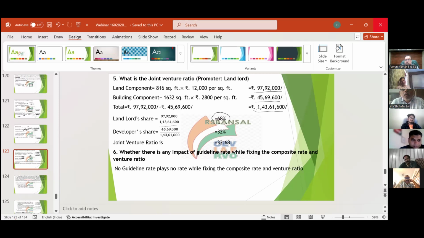It means the developer's share will be 32%. So we write the joint venture ratio as 32 is to 68. The developer's share is written first and then the landlord's share afterwards.